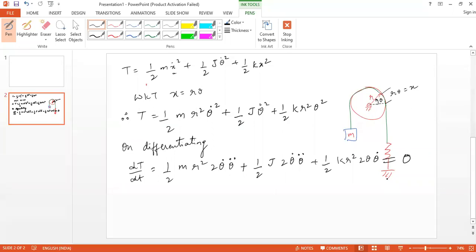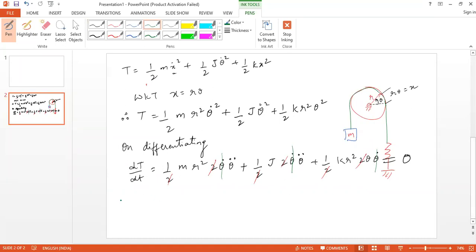Is it clear? Yes, sir. Now this 2 will get cancelled, and this theta dot I can take outside and send to the RHS.